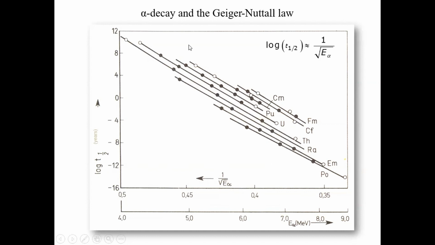So alpha decay obeys the Geiger-Nuttall law, which states that once you increase the energy of the alpha particles, the half-life changes sharply. The larger the value, the smaller the half-life, which means that if particles are decaying with large energies, then those isotopes will have a short life.